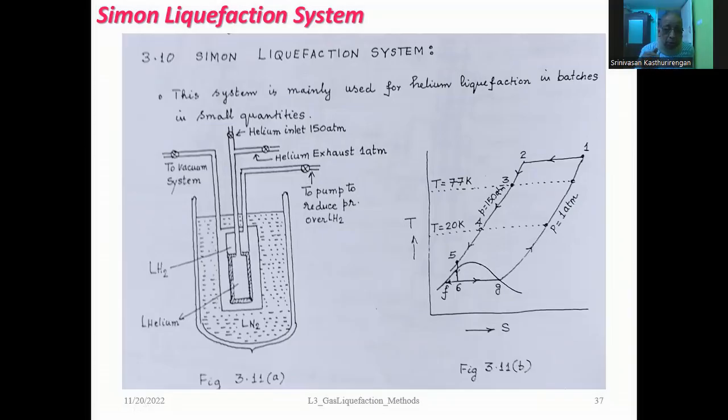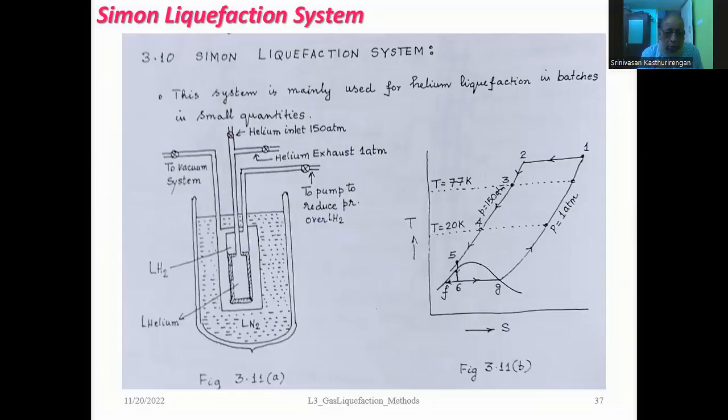So the helium gas will be cooled from 77 Kelvin to 20 Kelvin, which is the temperature of the hydrogen. The quantity of liquid hydrogen is chosen such that by the time it reaches 20 Kelvin, the liquid hydrogen becomes almost empty. This is to be done by practical methodology, by trial and error.